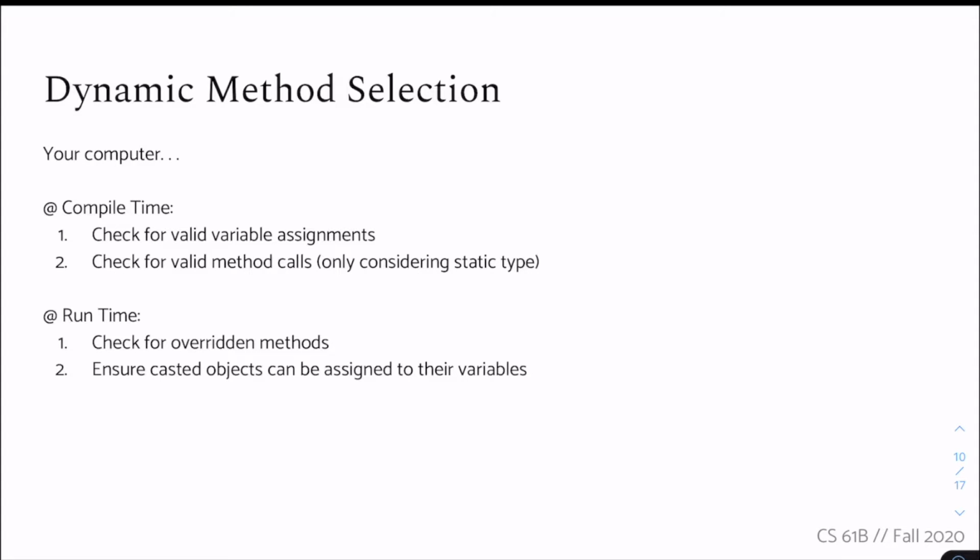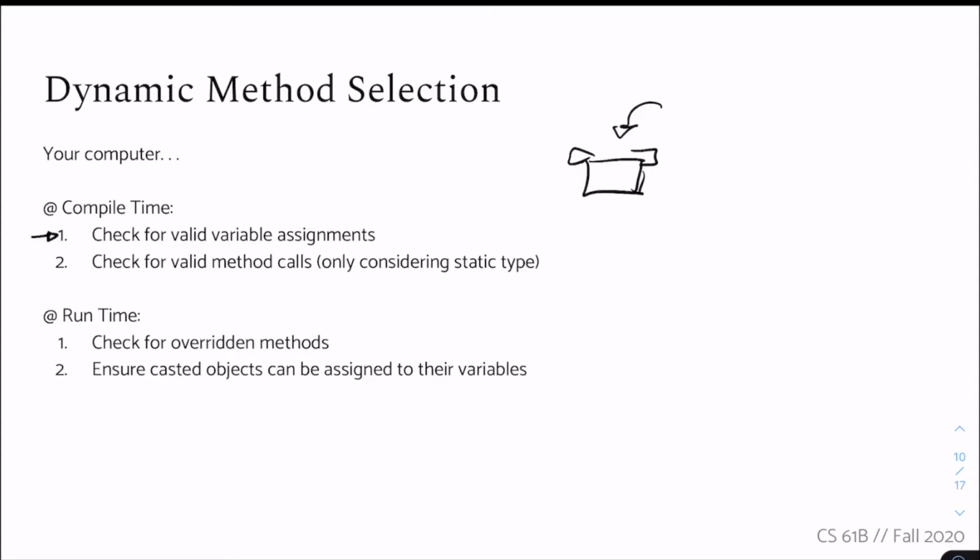Okay, just to review. At compile time, your computer checks for valid variable assignment. So it makes sure the thing in the box matches the thing you're trying to put in the box. And you might say, wait, you just told me it doesn't know what the dynamic types of anything is.